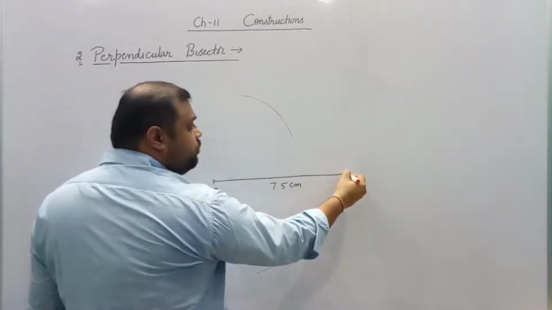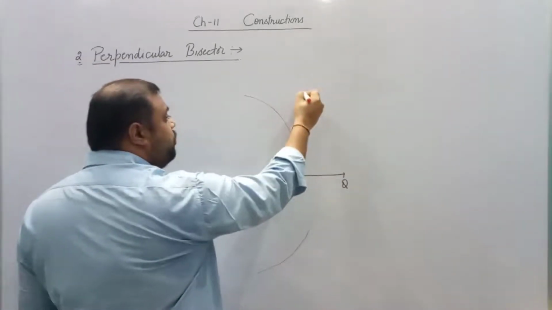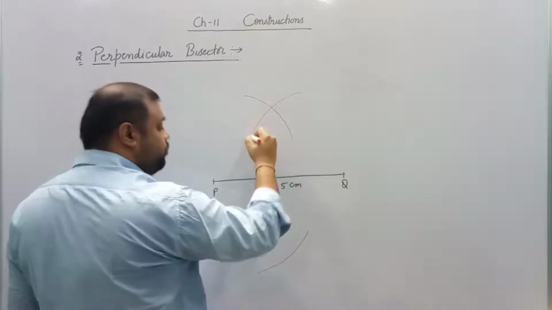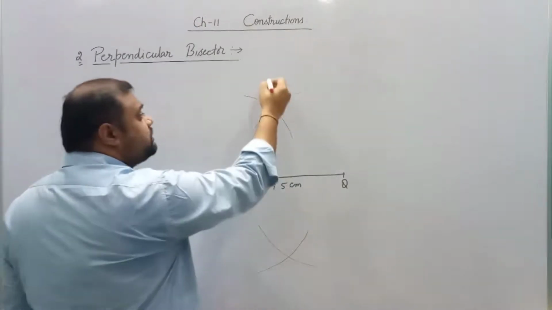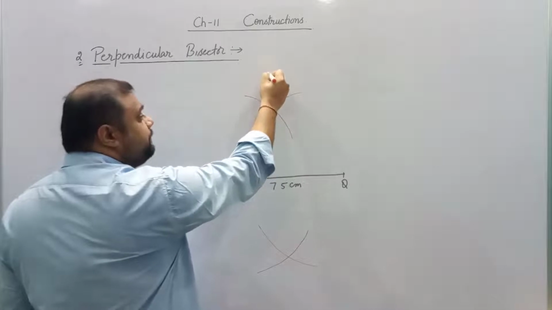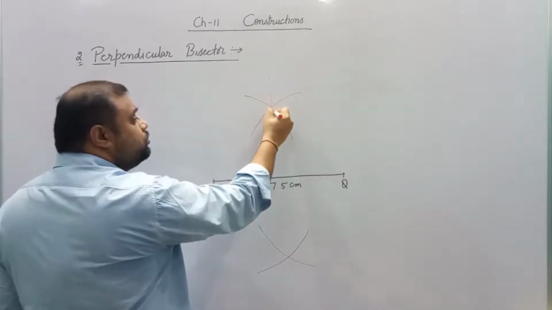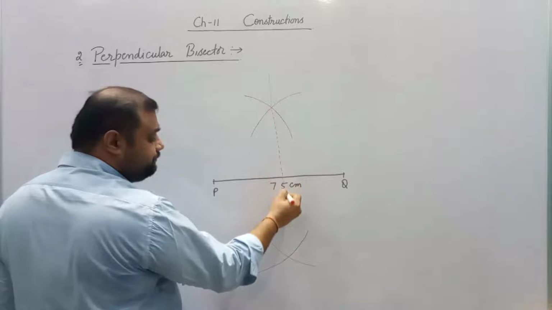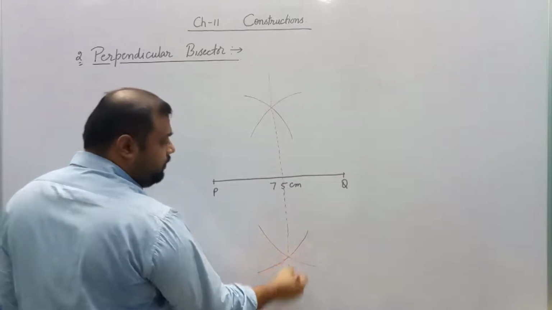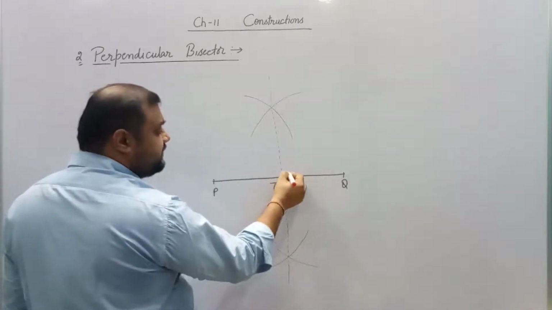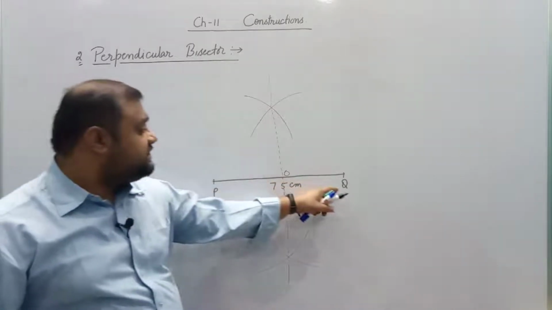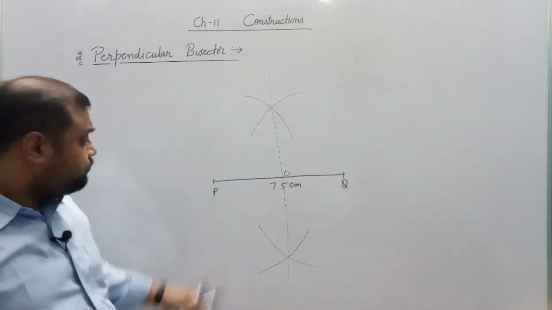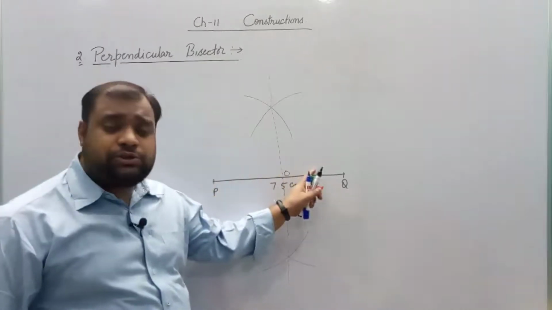Similarly, taking Q as center and more than half of PQ, draw two arcs on both sides of the line segment. Join the two points. So this is a perpendicular bisector. Mark the point as O where the perpendicular bisector intersects PQ. So PO is equal to OQ.